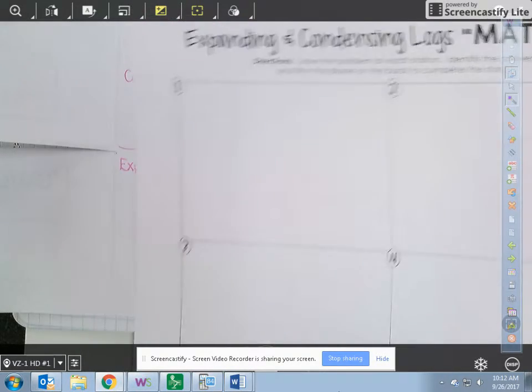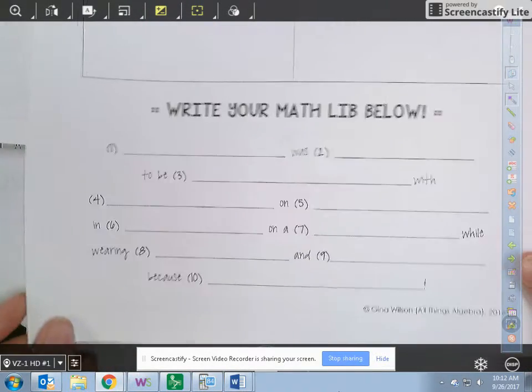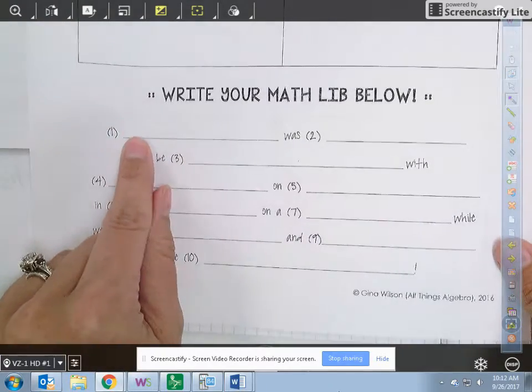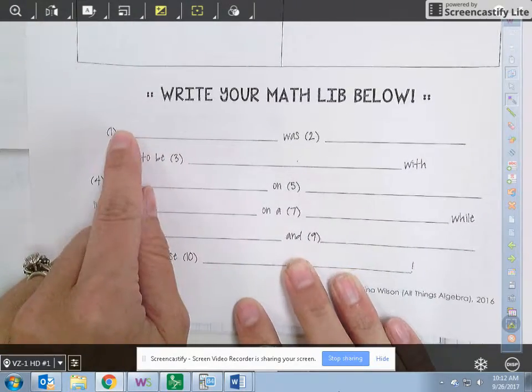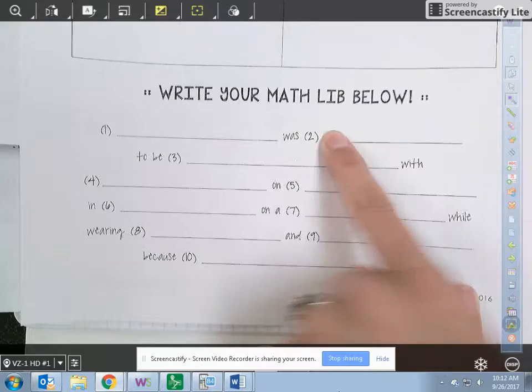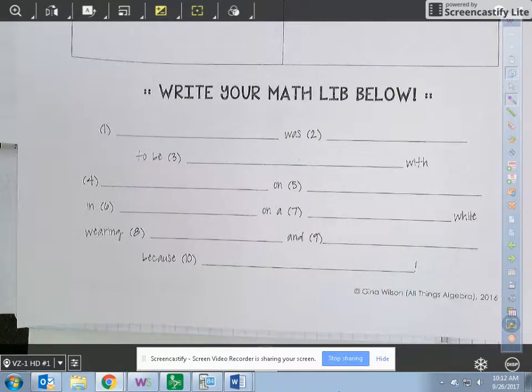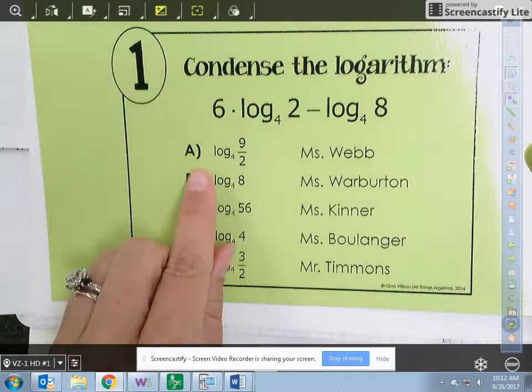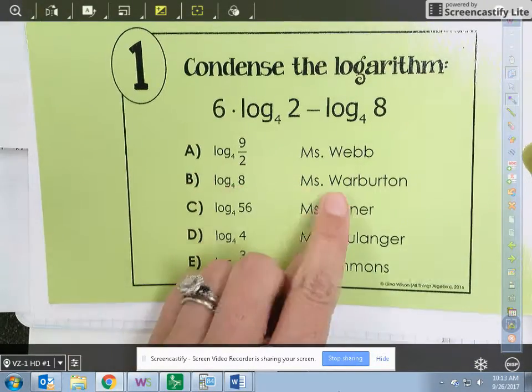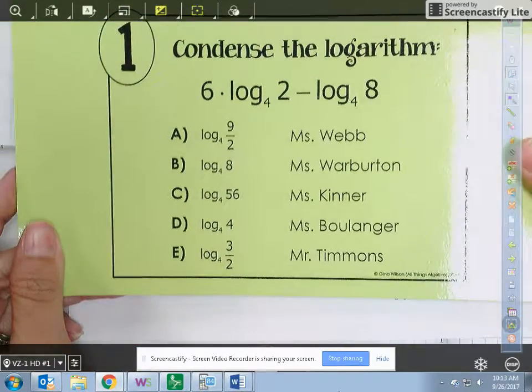You will find the multiple choice and on the back. So the answer to number 1 will go in this blank. The answer to number 2 will go in this blank. So if you think the answer is B, then you would put Miss Warburton in blank 1. Does that make sense? And it'll make a little funny at the end.